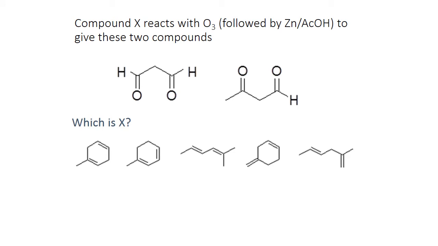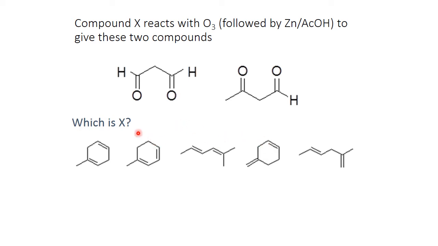There's a compound X that when reacted with ozone followed by zinc and acid gives these two compounds. What is compound X? Okay, when I go to figure out this problem, there's two ways you can approach this.